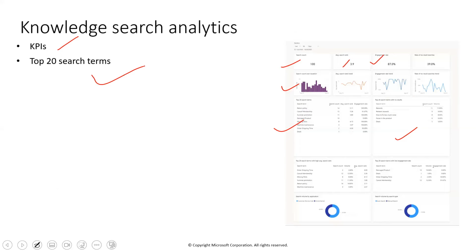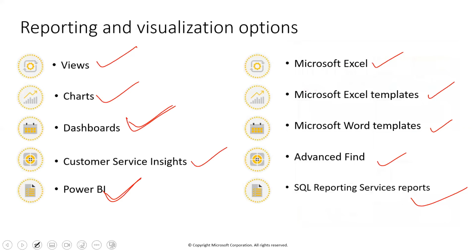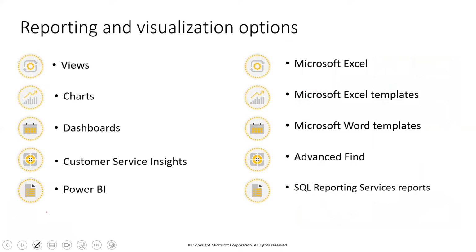Moving forward, we have some additional options here for reporting and visualization. Let's look at what different visualization options we have in the list. In this area of the Customer Service workspace, you will get multiple ways to visualize your data.